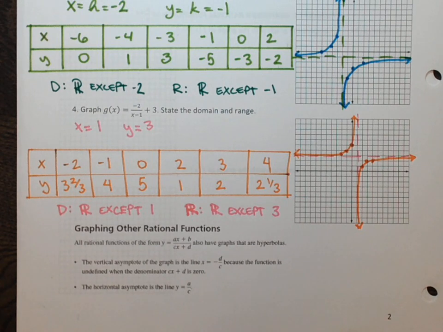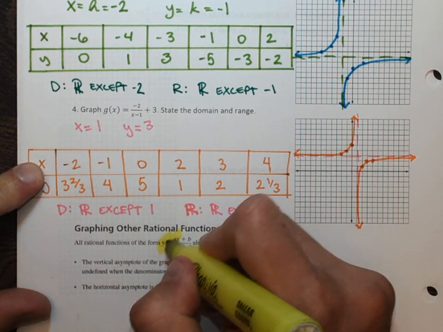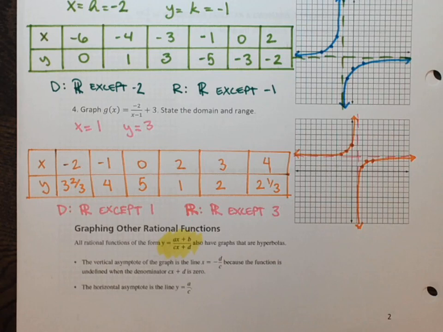Okay, there is your answer to number 4. And voila. Alright. So I am going to go ahead and explain this before I flip. Anyway, graphing other rational functions. We have another type of form: y equals ax plus b over cx plus d.